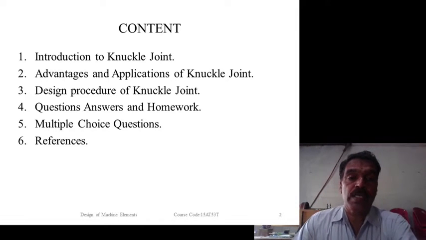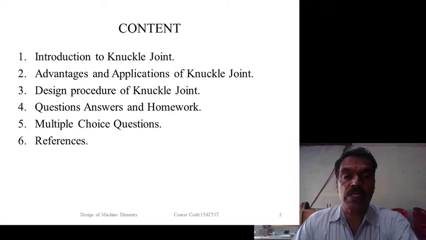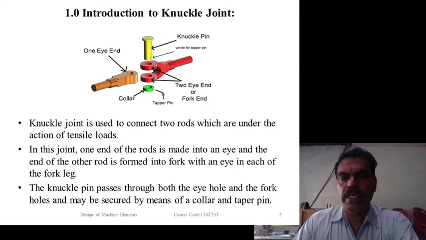What is the design procedure of the knuckle joint? That we have to understand clearly in this topic. Next, questions, answers and homework questions. Along with that, I will also discuss multiple choice questions. Finally, references.